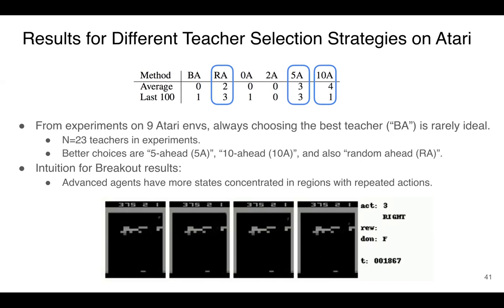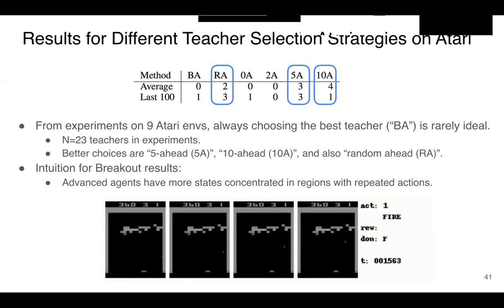And this kind of data is going to dominate the state distribution of advanced teachers. But from a beginning student perspective, the student really had to know how to get to the state in the first place. And that might not be possible just from a beginning student.